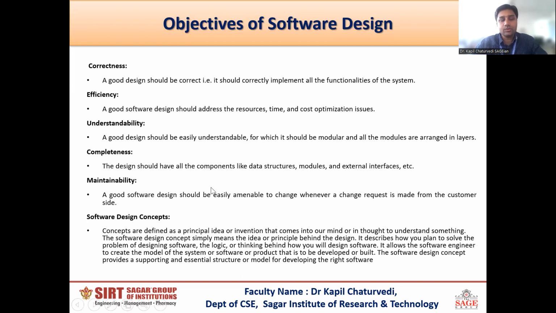Maintainability is another part of the software. Maintainability means software should always be capable of being modified in future. Let's suppose a customer wants to add some more features in the software, and a new developer is working on software which is already developed.